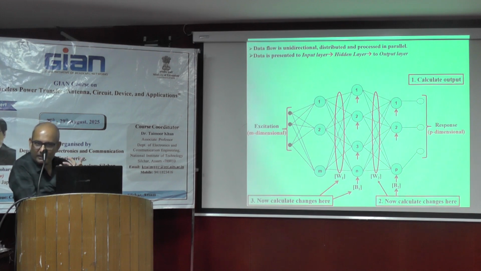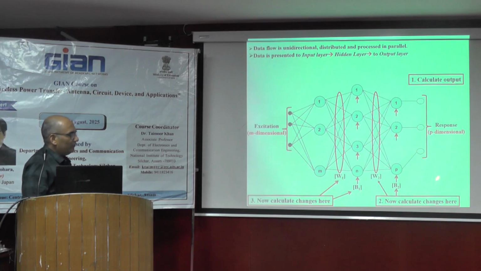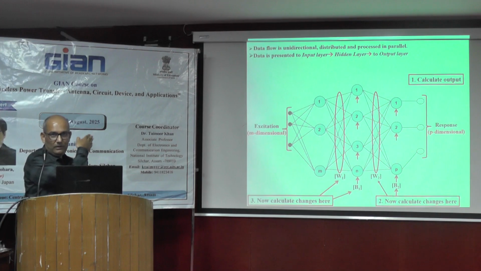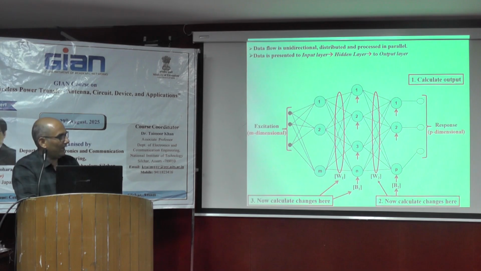Finally you will predict whether the error in the second step is lower or higher than before, and accordingly the algorithm will upgrade, so that the same amount of error is propagated backward. Just see that data is flowing from left to right in this geometry, but error is propagating from right to left. That's why the term backpropagation algorithm, which we use in machine learning, comes into the picture.